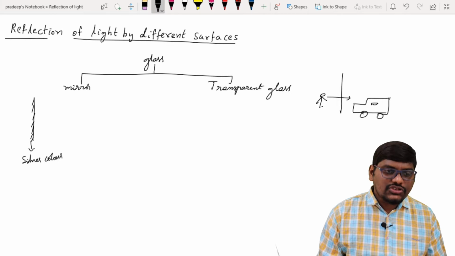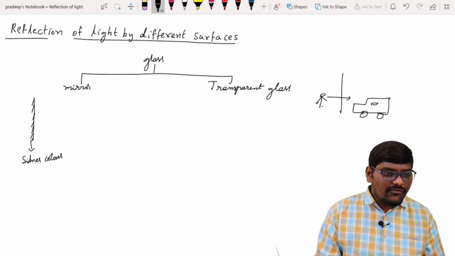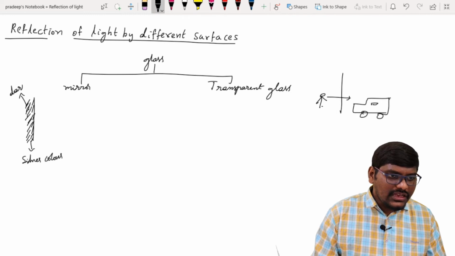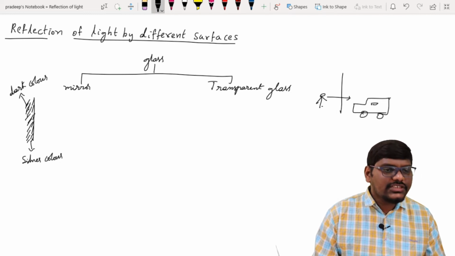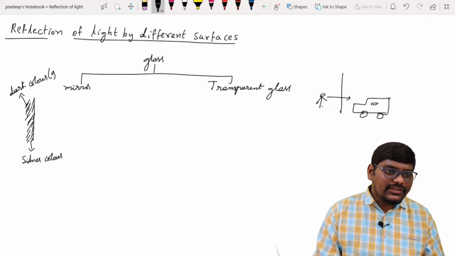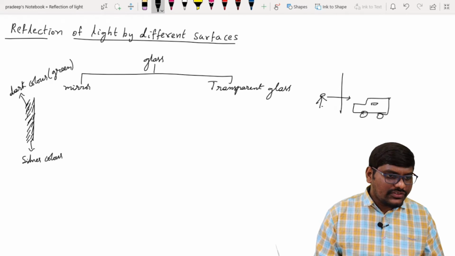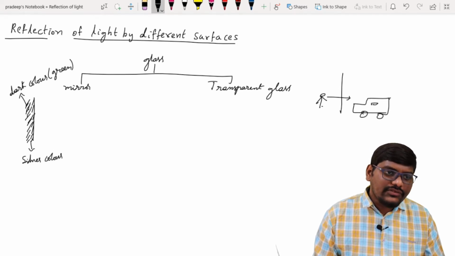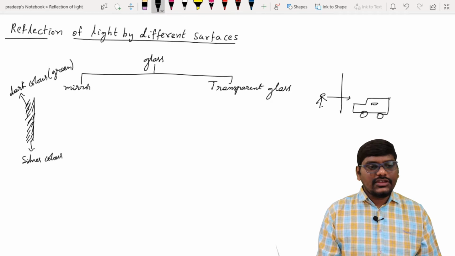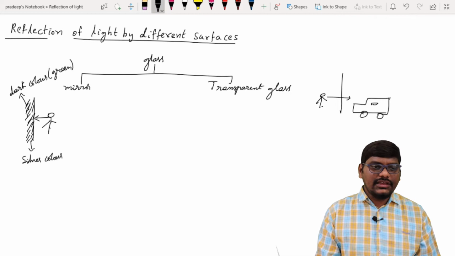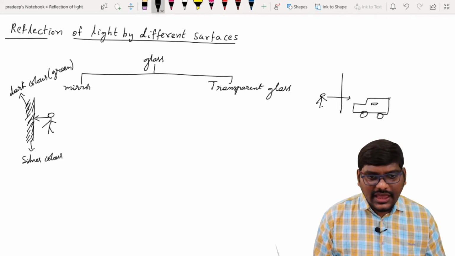Then on the silver color, one more coating is made, that is, it is painted again with a dark color. Let's say, as an example, it was colored with green. So first it is coated with silver color, then again coated with green color. Now you can see your own image in this mirror very clearly. So this is a mirror and a transparent glass.